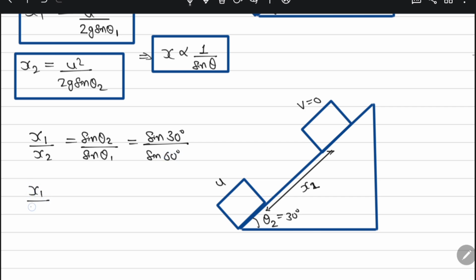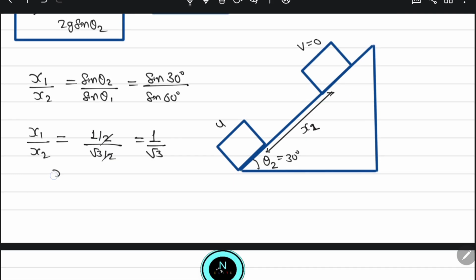So x1 by x2 is equal to sine 30 degrees, which is 1 by 2, and sine 60 degrees, which is root 3 by 2. The 2s cancel, so what is left is 1 by root 3. So x1 by x2 is equal to 1 by root 3.